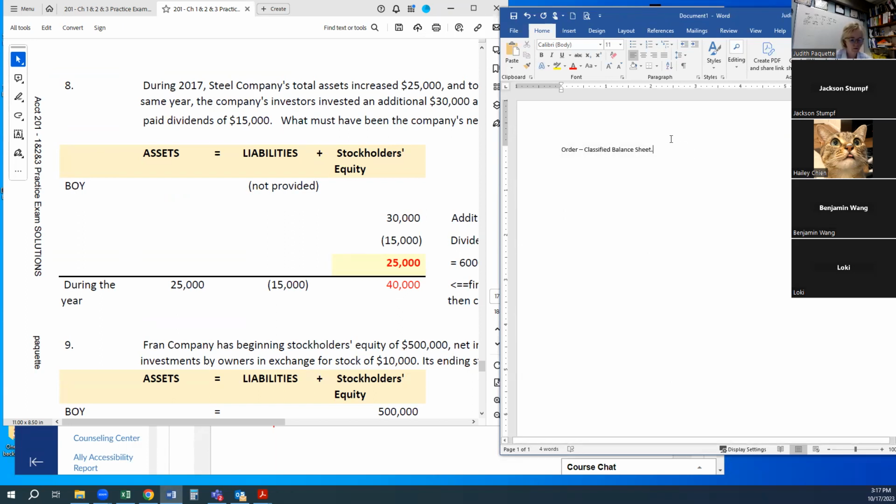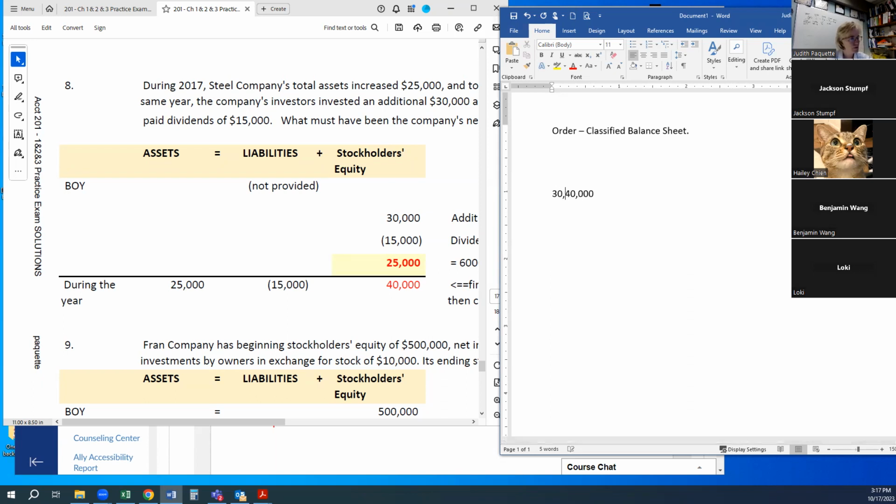Let's think. So we know that the difference is 40,000. Let's make it bigger. So what we're saying is 30,000 minus 15,000 plus X equals 40,000.